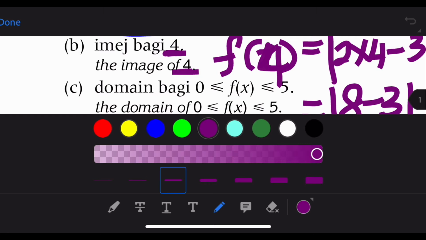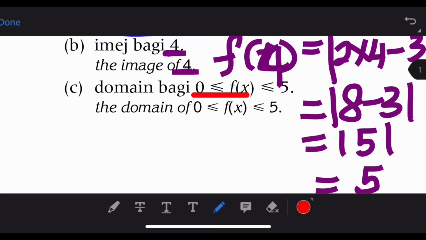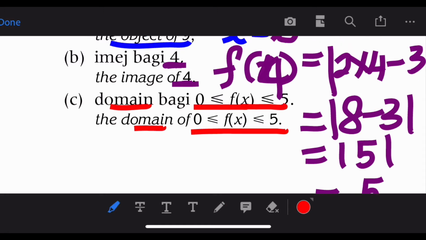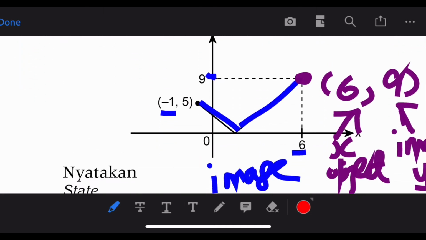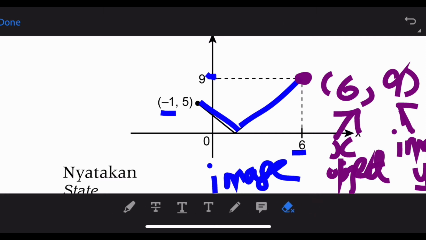Oh, that means we have to find the domain. Domain means the range of the x. So let's study the y from 0 to 5. I'm going to use a color to highlight.